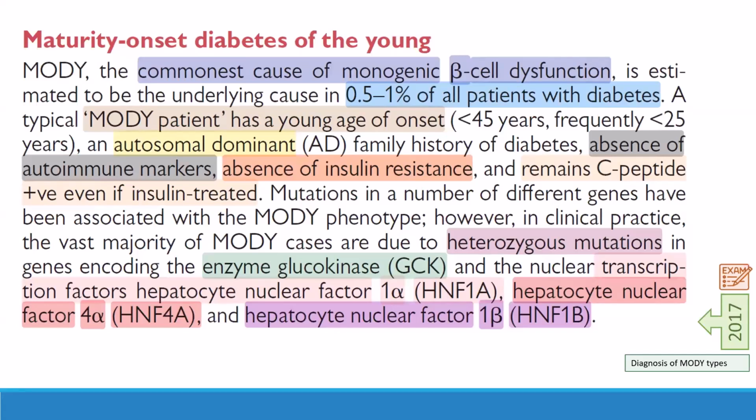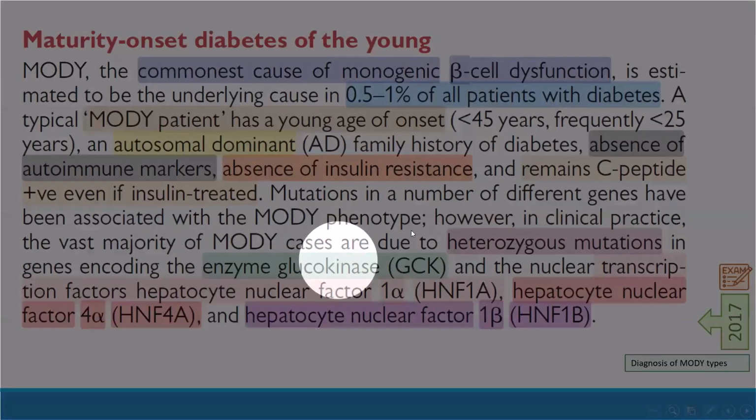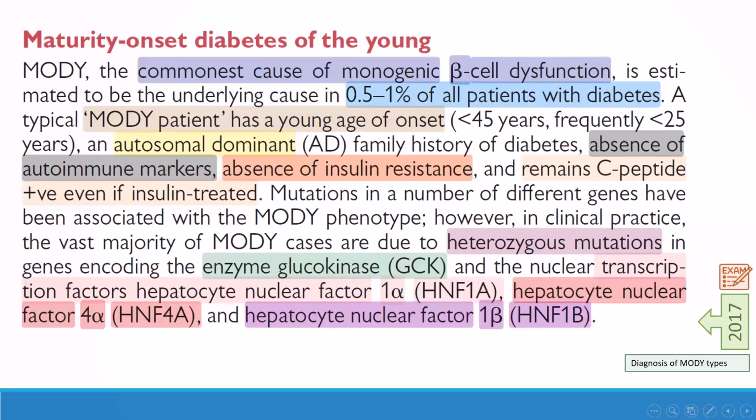The C-peptide is positive even if insulin treated. And of course, the most common forms are glucokinase and hepatocyte nuclear factor mutations, which are HNF1 alpha, HNF4 alpha and HNF1 beta. So glucokinase and the transcription factor hepatocyte nuclear factor mutation.